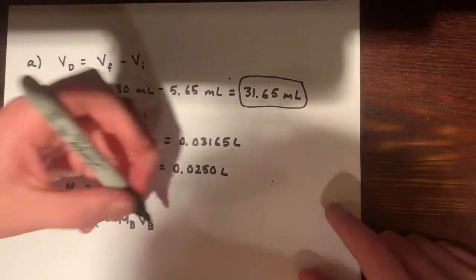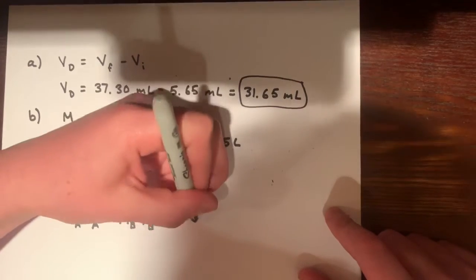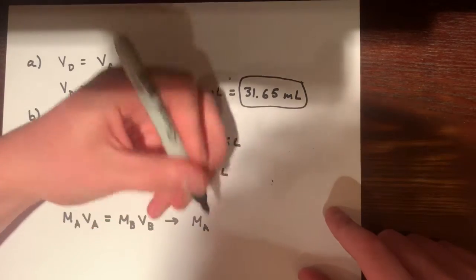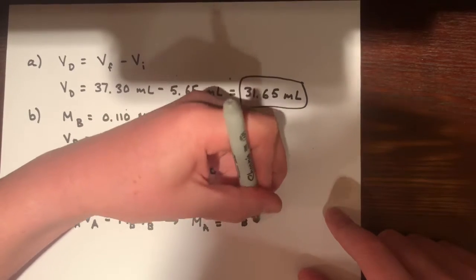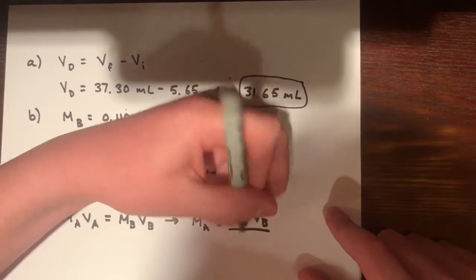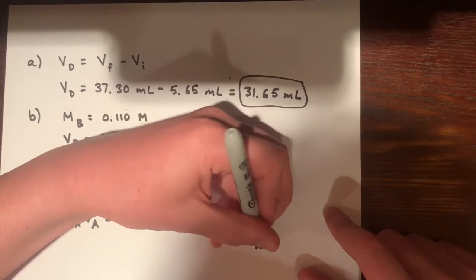And when you rearrange that, you get MA equals MBVB over VA.